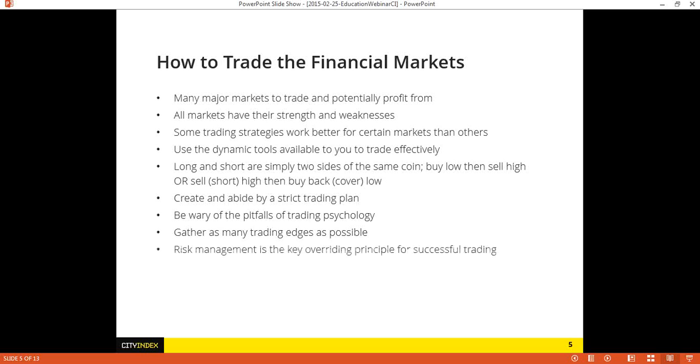Risk management is the key overriding principle for successful trading. I cannot emphasize this enough. Risk management is key, and again, as I just mentioned, technical analysis is all about risk management. It's very hard to set your risk management according to the fundamentals. Not to say that I look lower at the fundamentals than at the technicals. That's not the case at all.